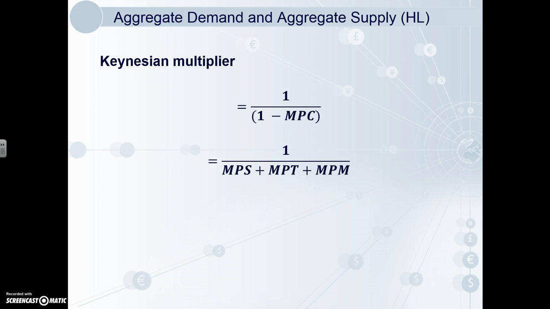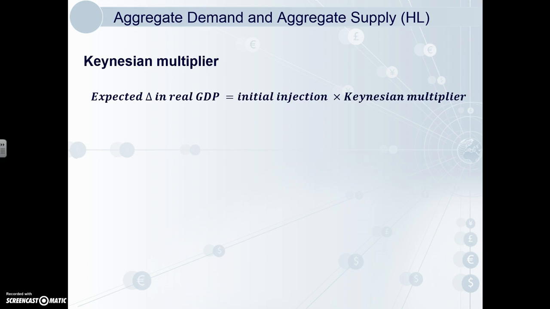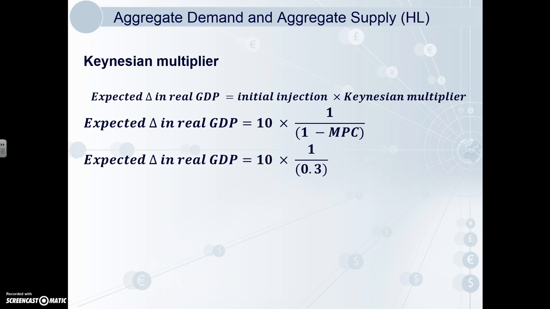Using the multiplier, we can ascertain the total effect of the injection into the economy. So here, expected change in real GDP equals the initial injection times the Keynesian multiplier. So for the example that we used, the expected change in real GDP equals $10 million, times 1 over 1 minus MPC, which equals 10 times 1 over 0.3, which equals 10 times 3.33.